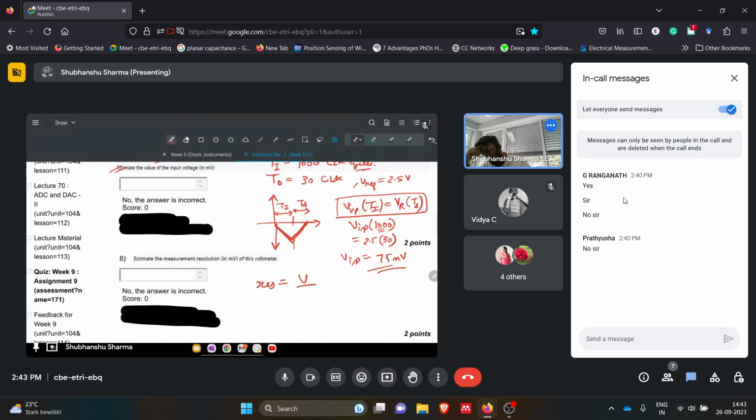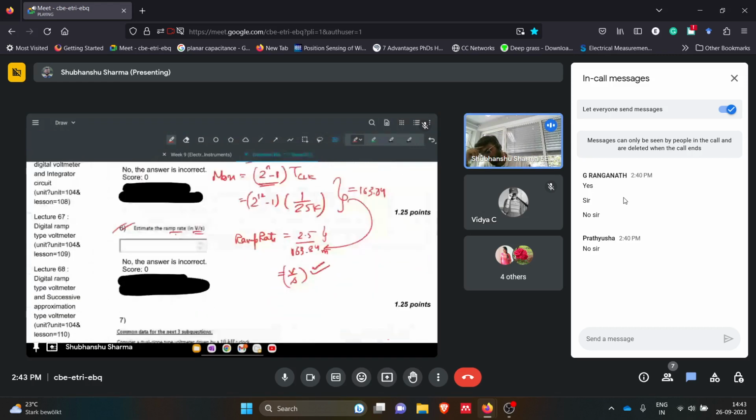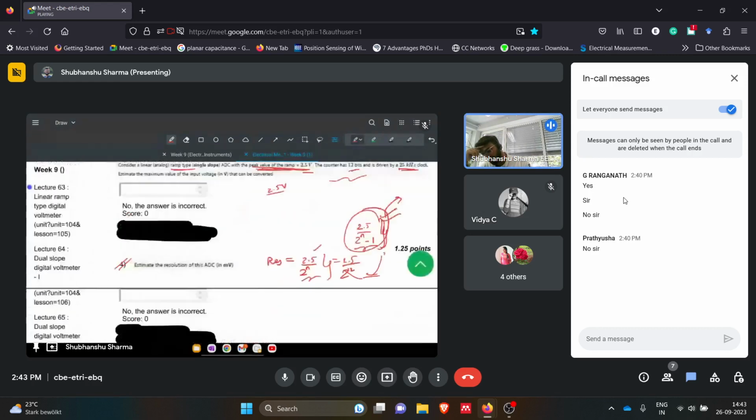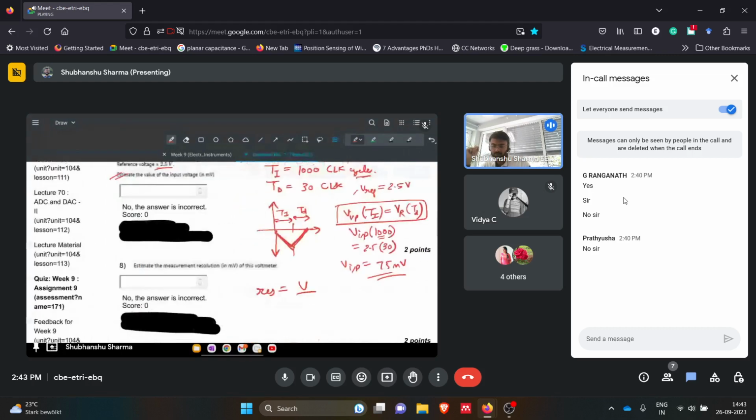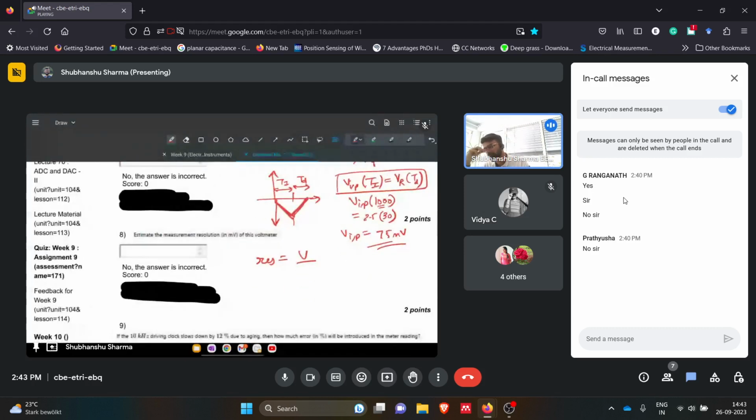Earlier we used the maximum, where it was one resolution. Here it was 2.5 volts, the maximum voltage which this ADC took, and the time taken for that was 2 to the power n. So that's why we use this. But if you know the voltage and how much time it took to reach that voltage level, then we can calculate the resolution from there itself.